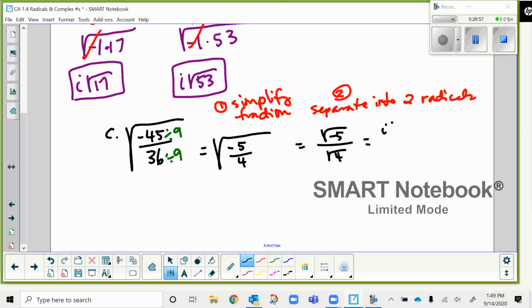So that is i rad 5. And then you simplify the bottom. The square root of 4 is 2. So the answer is i square root of 5 over 2.